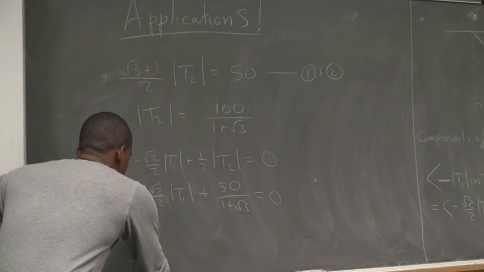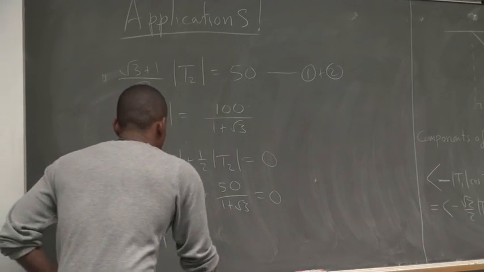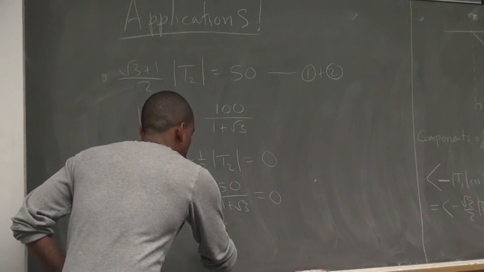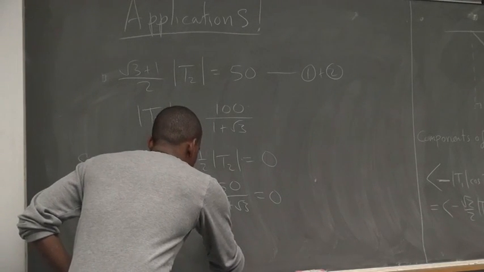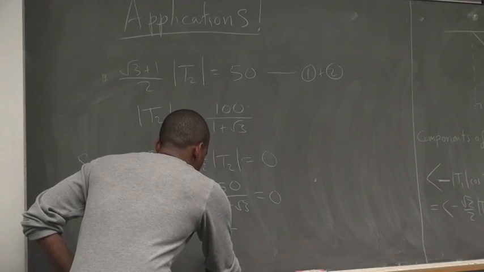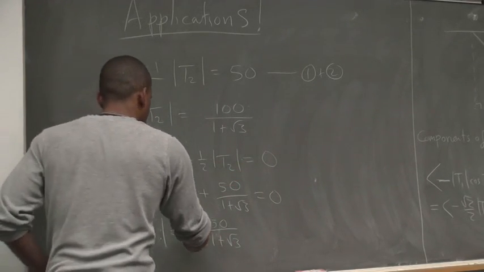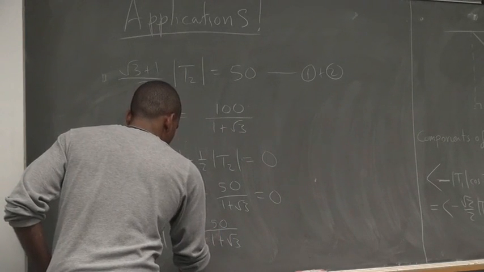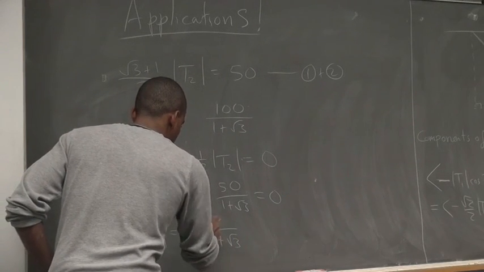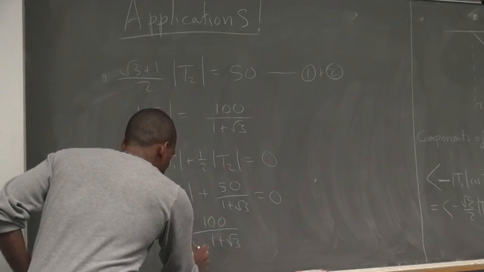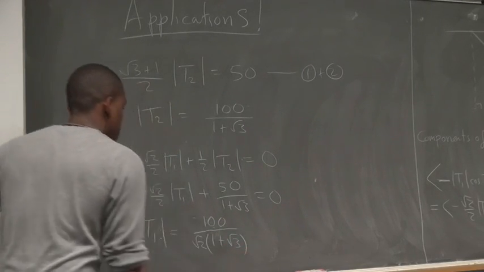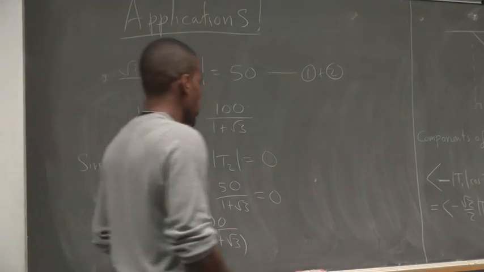So this means that T1 is equal to 50 over 1 plus radical 3. It'll be negative when I move it over, and then I multiply it by 2 over radical 2. So T1 would be that.